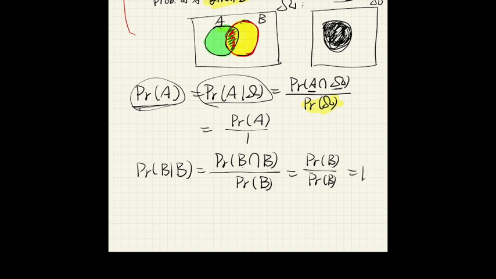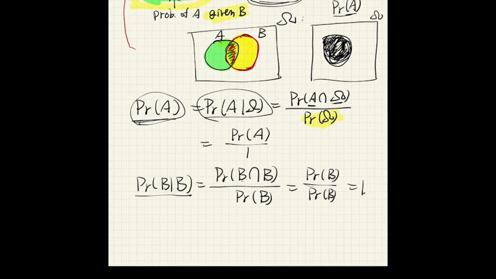So this conditional probability behaves just like the probability of omega. It's 1, and this is 1. So you can see that when we calculate the conditional probability given B, we are now pretending or assuming that our universe is now B rather than omega.